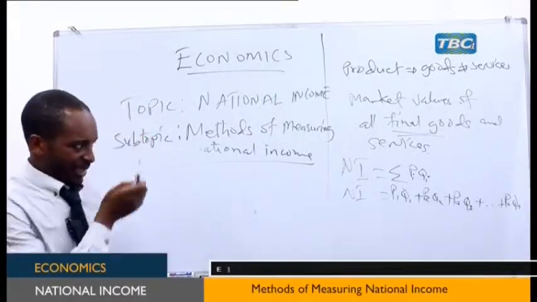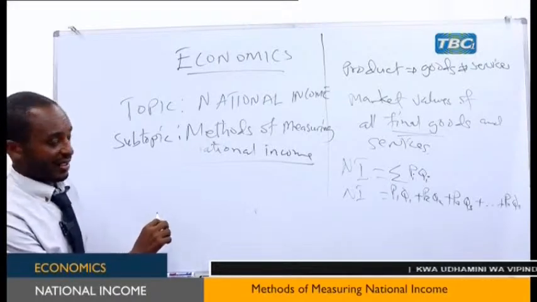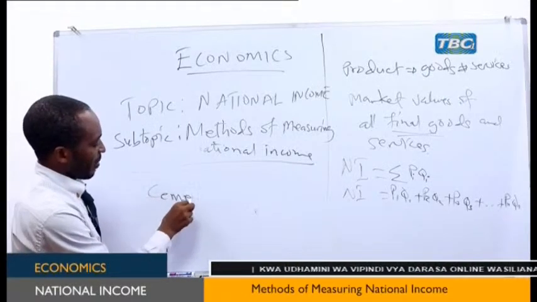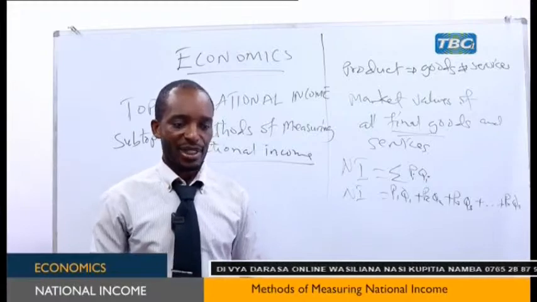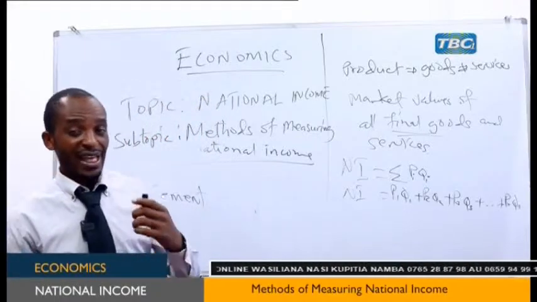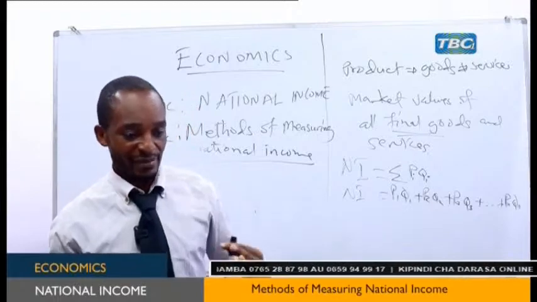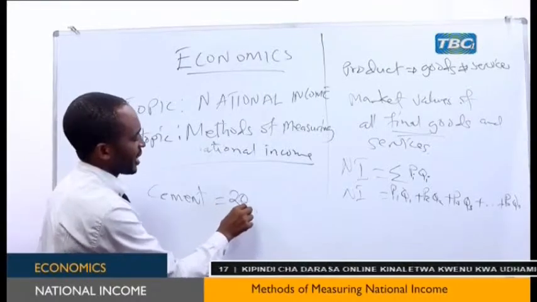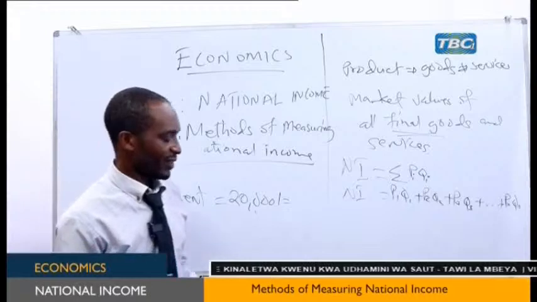Let us consider, for instance, a commodity like cement, which is produced by a certain company or industry, and we know the prevailing market price of cement is, let's assume, 20,000.